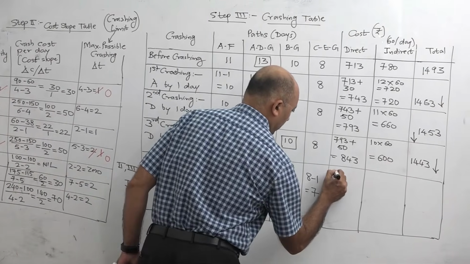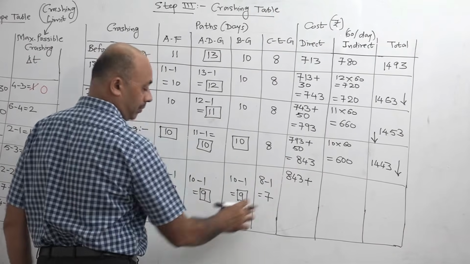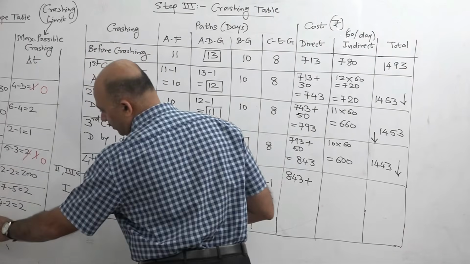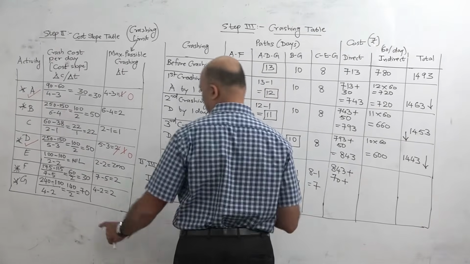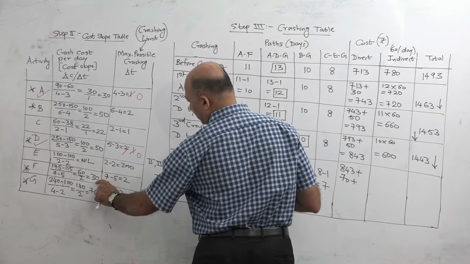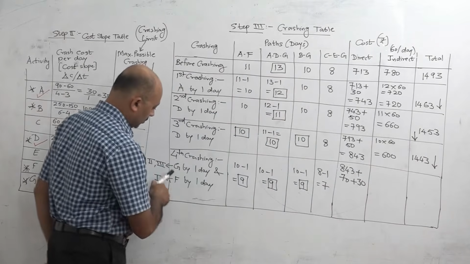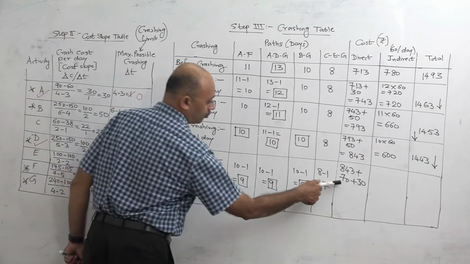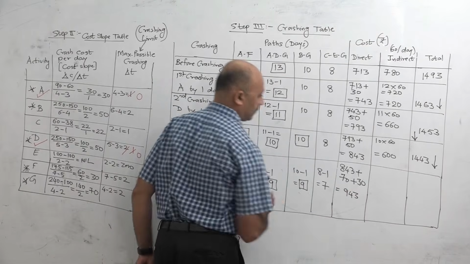Now the direct cost, original cost 843 plus cost of G is 70, plus cost of F. Cost of F is 30 because we have reduced 2 activities, G and F. So we have to take cost of G and F. So now the new cost will become 943.